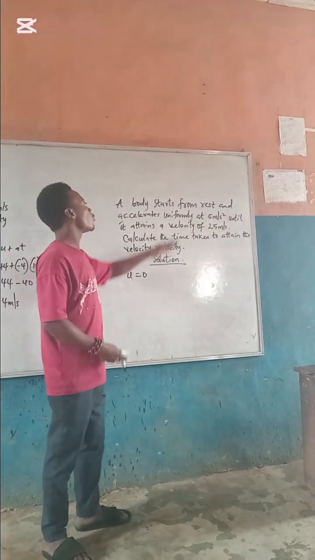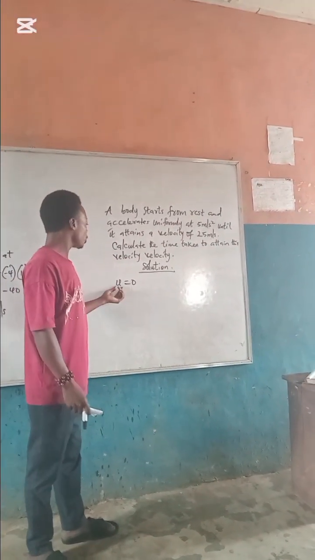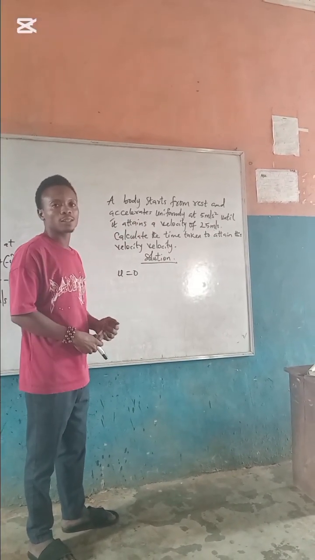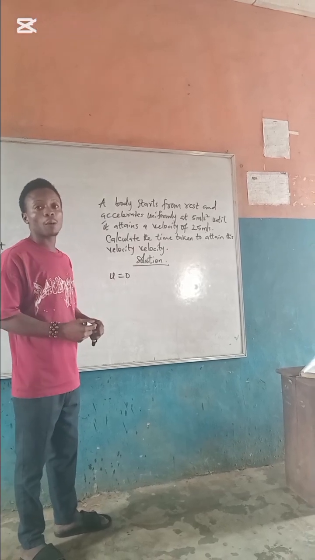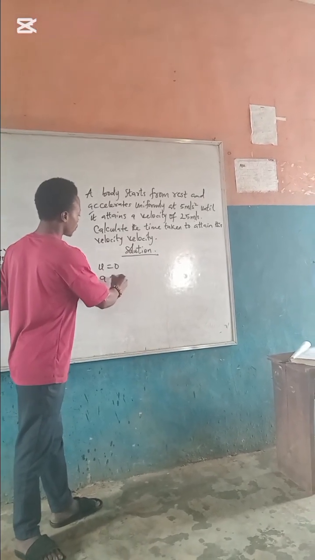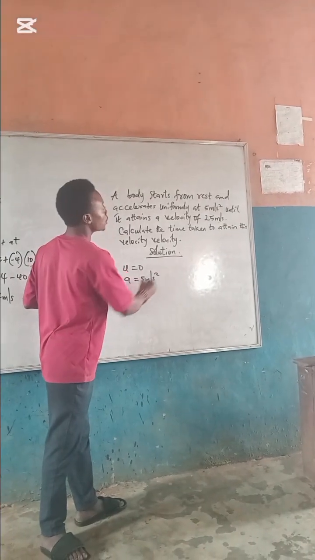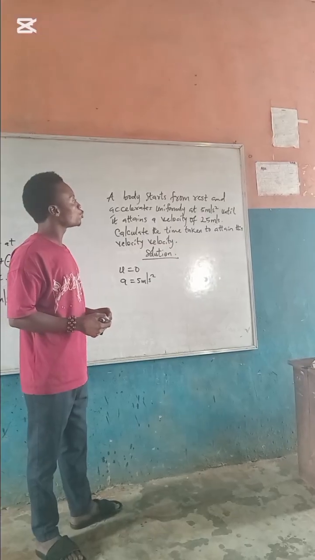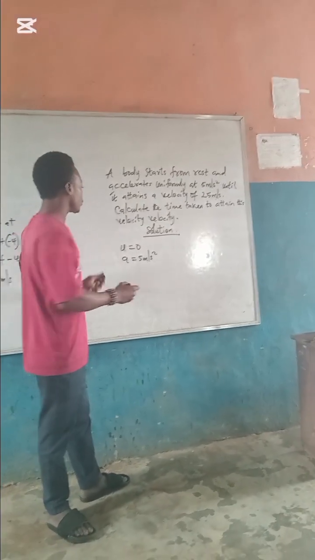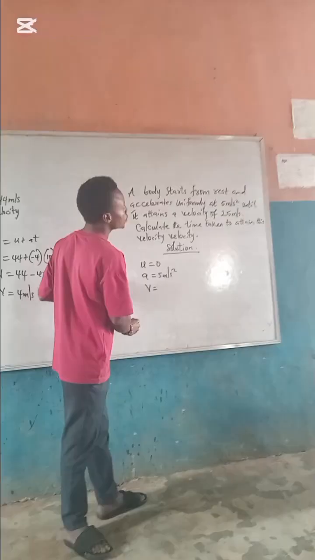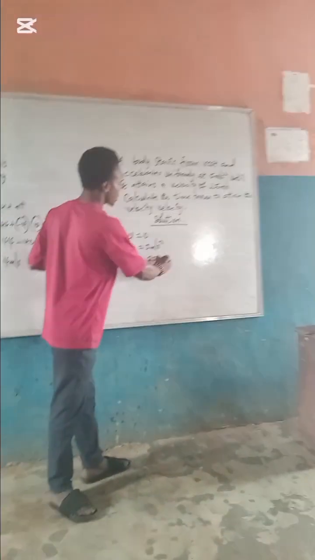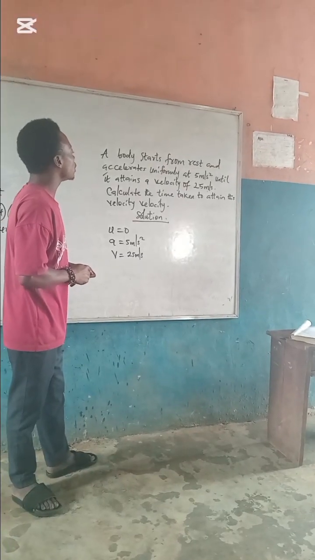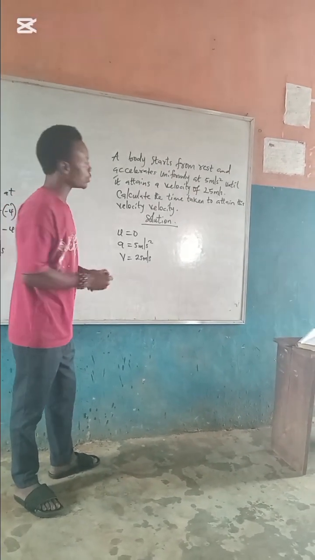So the initial velocity is equal to 0 and it accelerates uniformly at 5 meters per second squared. 5 meters per second squared is the acceleration, until it obtains a velocity of 25 meters per second. This is the final velocity, which is 25 meters per second. Then you are asked to calculate the time taken, T.